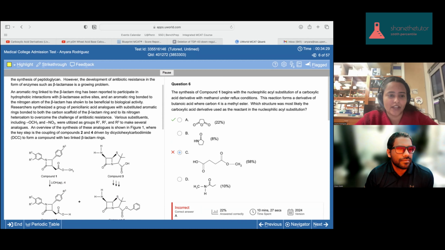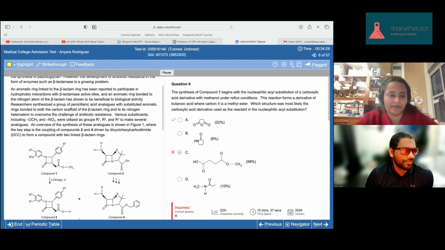So there's an aromatic ring here that's linked to this lactam ring, and it's hydrophobic. So this hydrophobicity helps it bind to the active site of this enzyme.